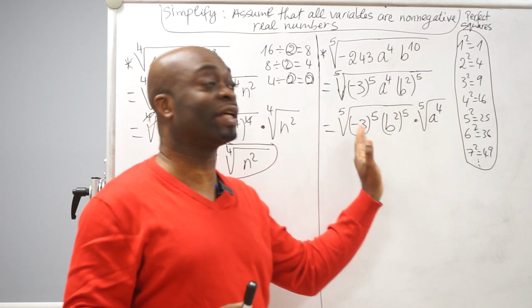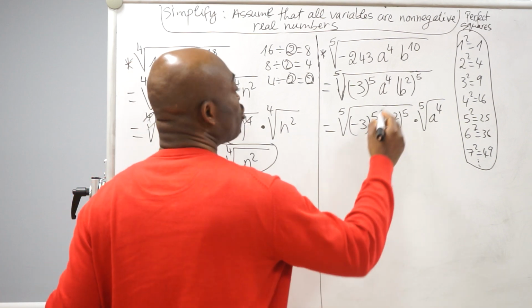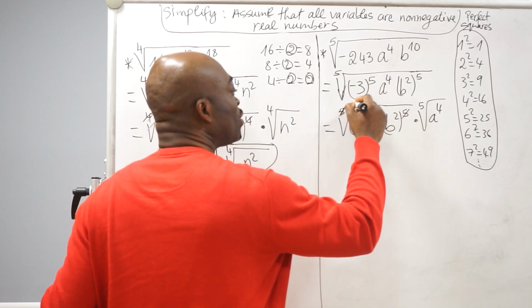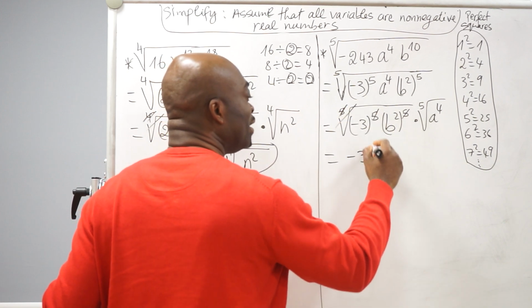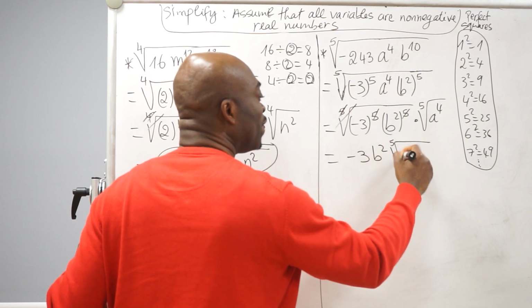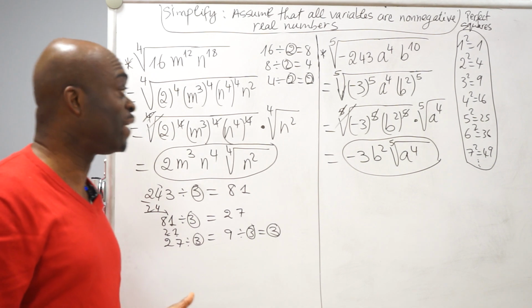And these ones, we keep them also separated because we want to simplify in a very interesting way, which is just this 5 out, 5 out. So that means the radical is gone. You end up with negative 3, then b to the 2nd power times the 5th root of a to the 4th power. And ladies and gentlemen, this is how you are finished.